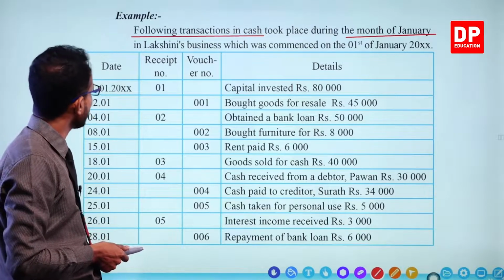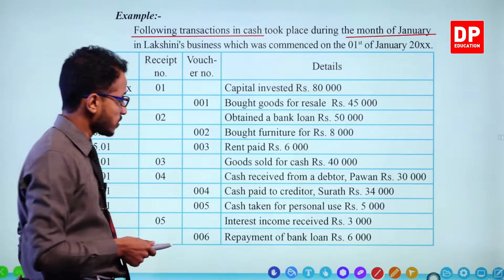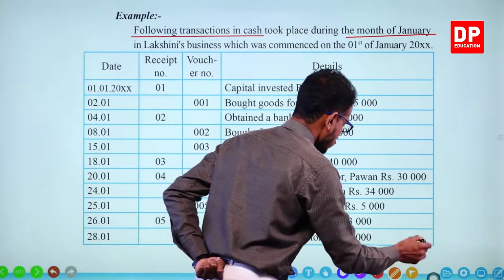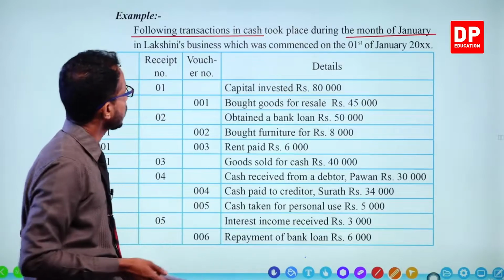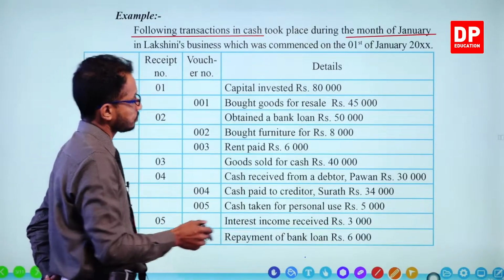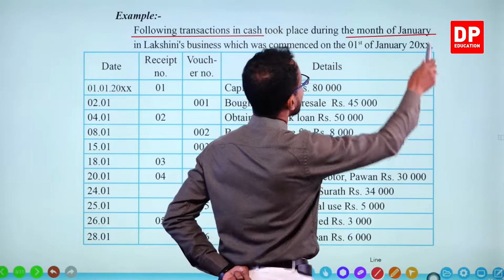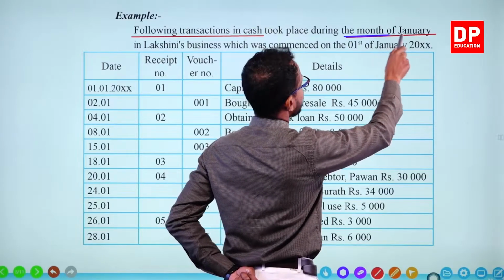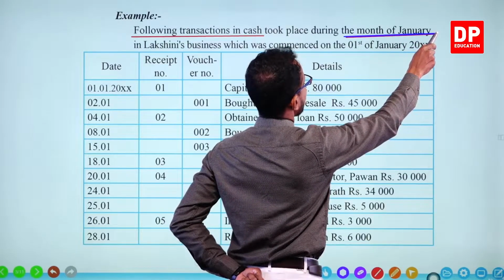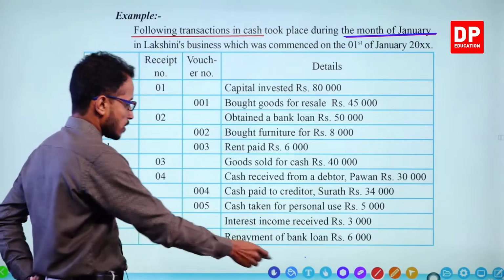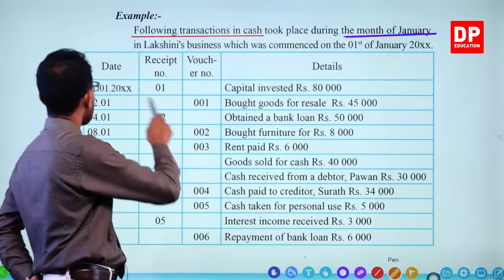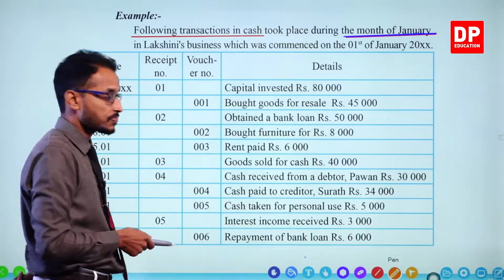Right, here you go. We have some transactions, children, right here. Month of January, from 1st January, can you see?